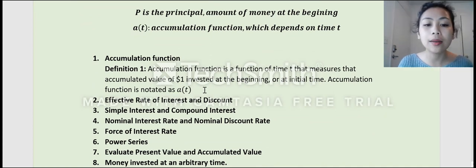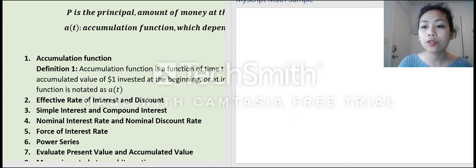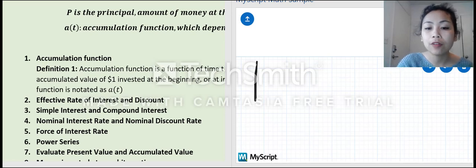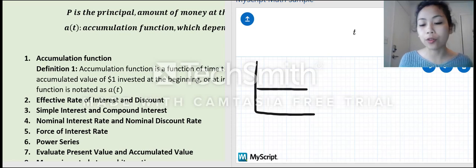Since the function depends on t, we will have many types of A(t). Let me show you some graphs of A(t). Sometimes you might have a function A(t) that is basically a straight line, which means no interest. For example, you borrow money from your uncle or your relatives, and you promise to pay back the money at a certain time.